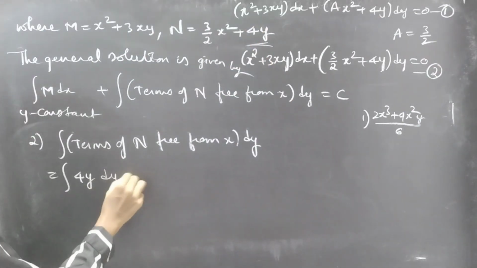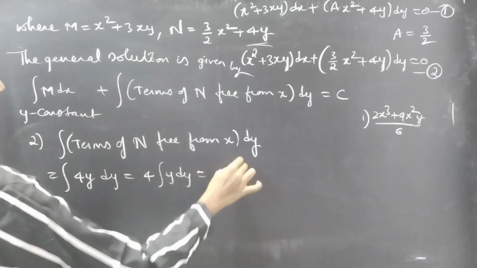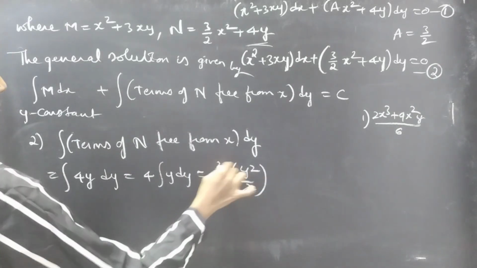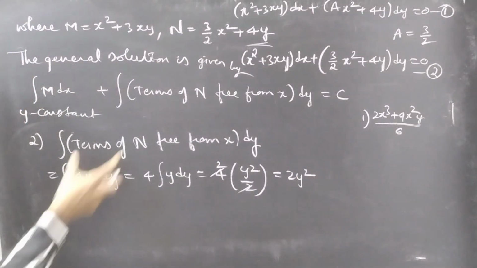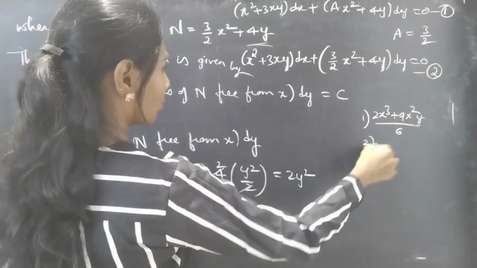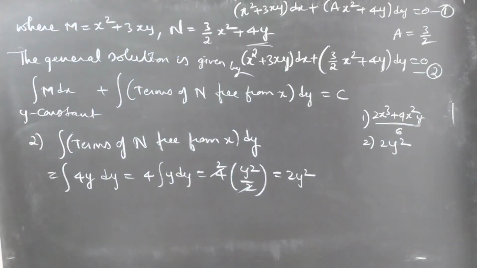So take 4y, equal to 4 integral y dy. This equals 4 into integral y dy, which is y square by 2. 2 2s are 4, which equals 2y square, right? So the result obtained from the second integral is 2y square. Now coming to the general solution to our problem.